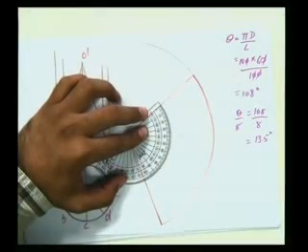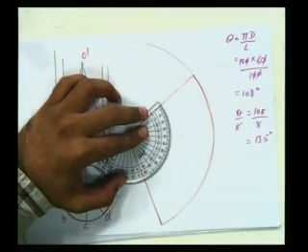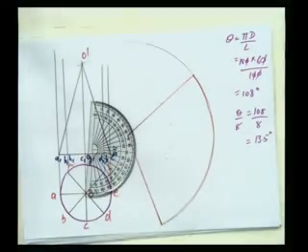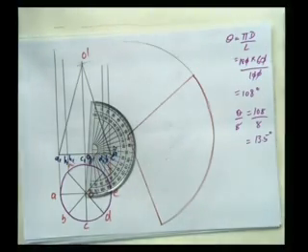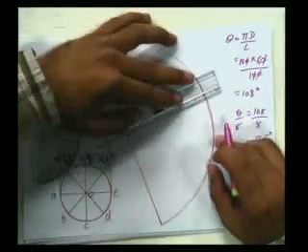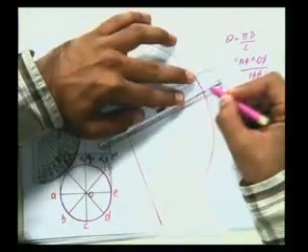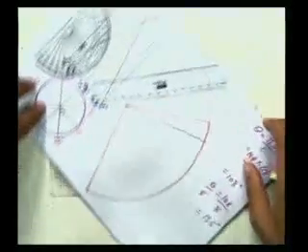Then the last will be 13.5, so finally 108 degrees. So I will just draw them. Oh, that's a wrong line actually.